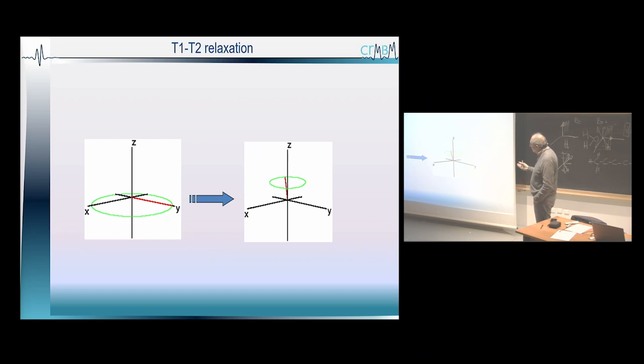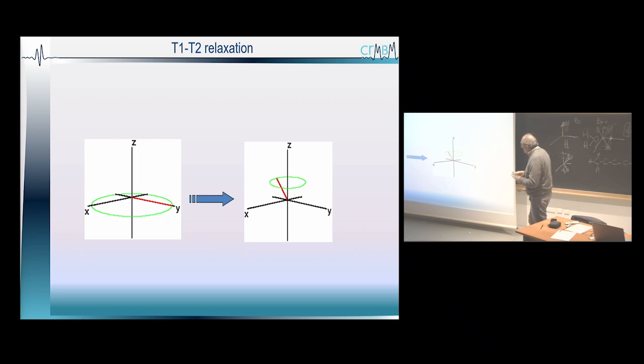And it's like this, because you've got two types of relaxation. You've got one relaxation in the z-axis and one relaxation in the axial plane. And this is conditioned by two relaxation processes, what we call T1 and T2. T1 relaxation and T2 relaxation.